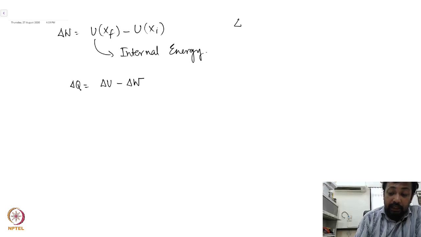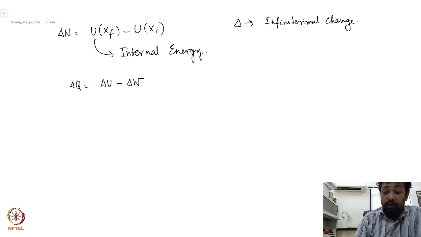Now remember, delta is always an infinitesimal change.